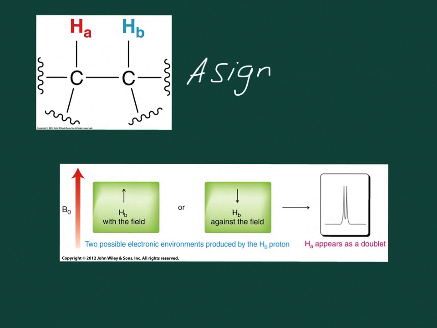A signal's splitting is a result of the magnetic effects of neighboring protons.